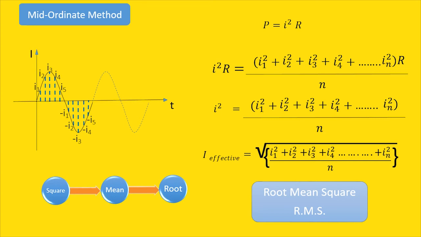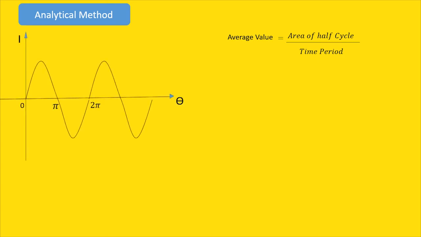Now let's look into the analytical method. Previously, we found the expression for average value of current. Now similarly, we find the average value of I squared to find the value of average power dissipated. The process is all the same and we can either take the limit of half cycle or full cycle.